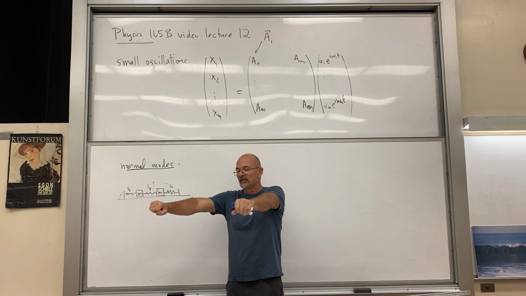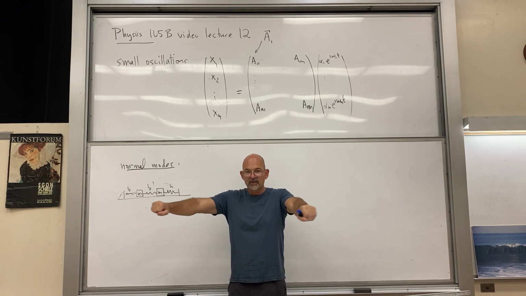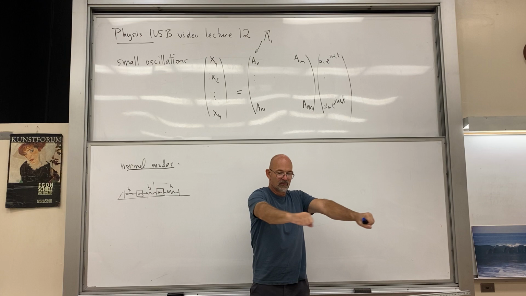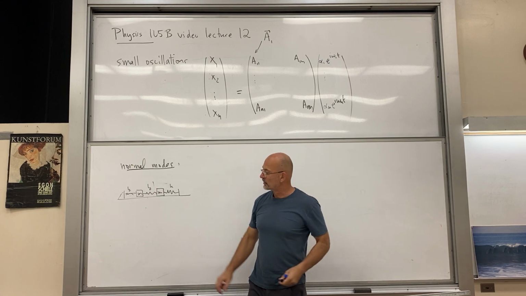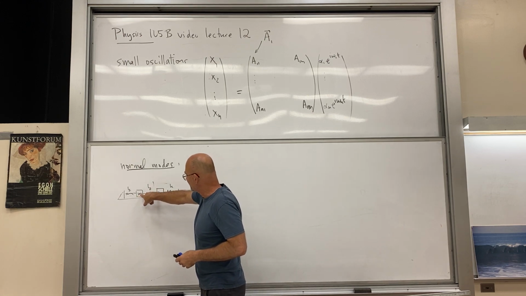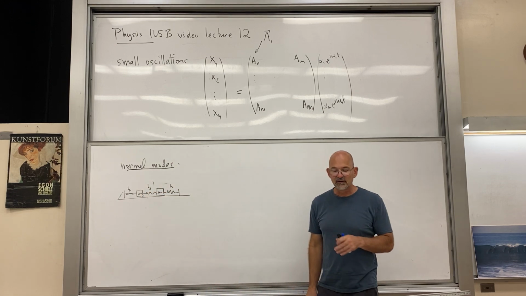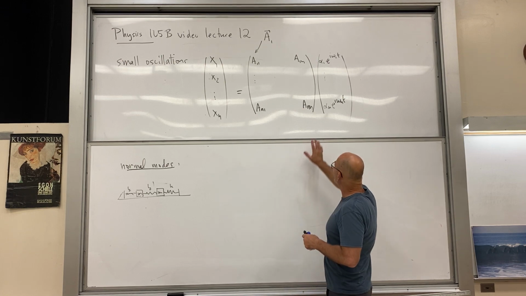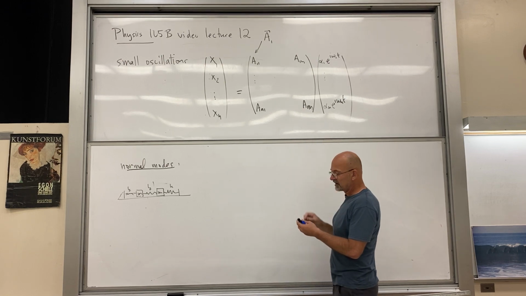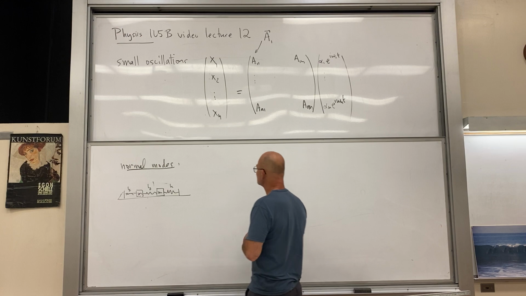They were the motions against each other or moving together. So those were motions of the system, you could call them collective motions, but they were associated with a single frequency. And this setup up here can also be interpreted that way.